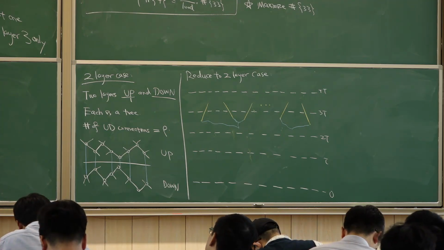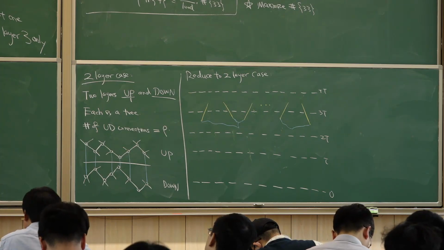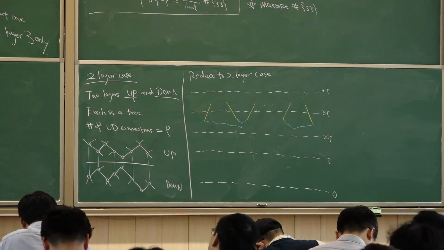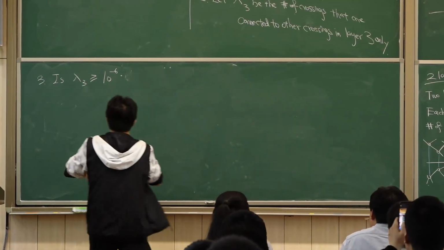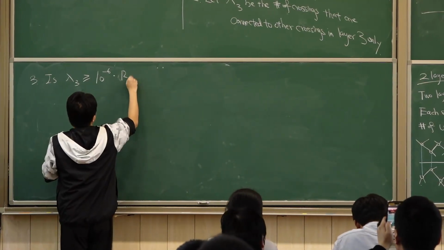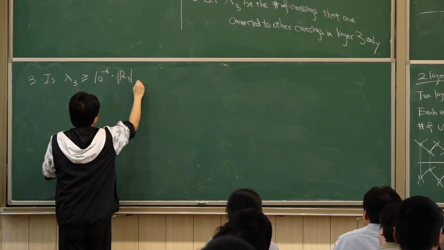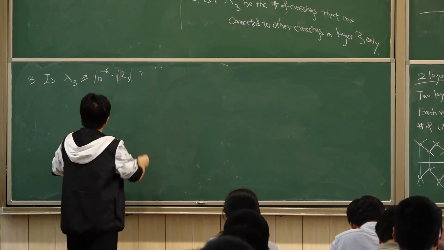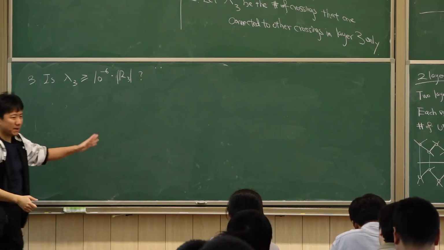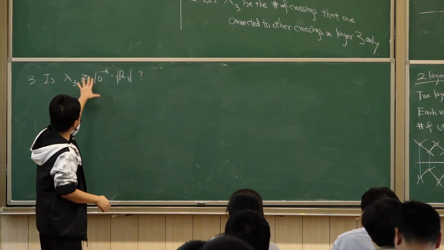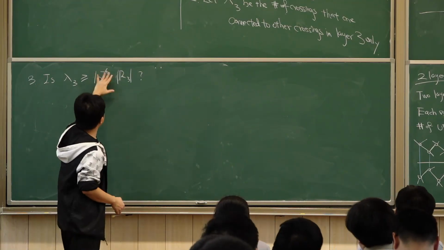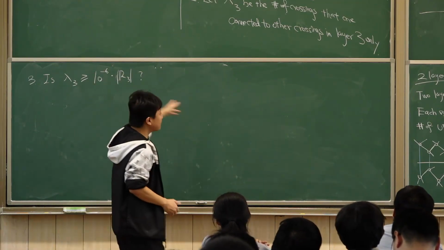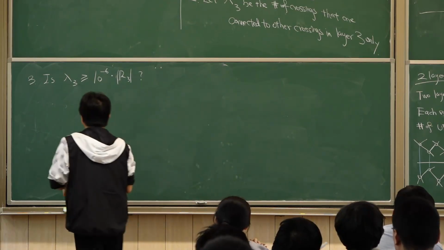Let's say bigger than 10 to the minus 6 times rho. Let's call this R3, all these particles, all these crossings. This 10 to the minus 6 is an arbitrary number, so you have a hierarchy of numbers. These coefficients will get larger and larger below. But is lambda 3 big enough?